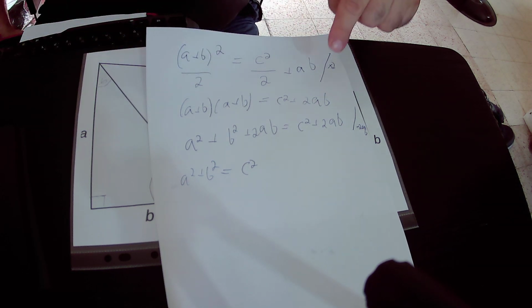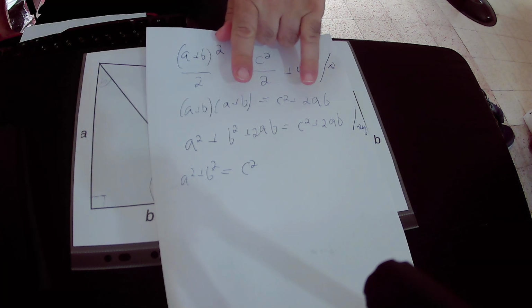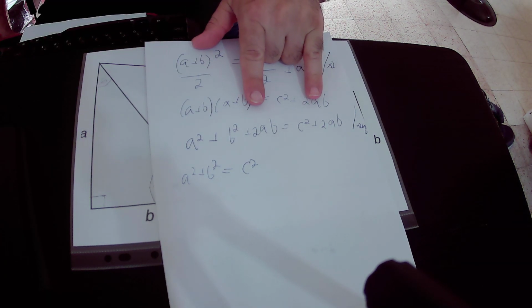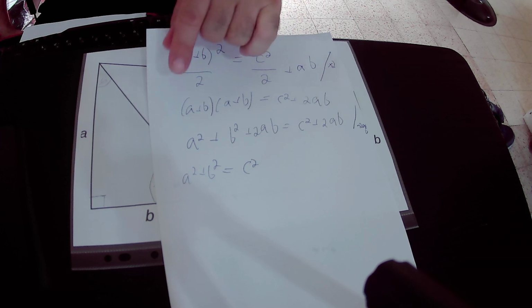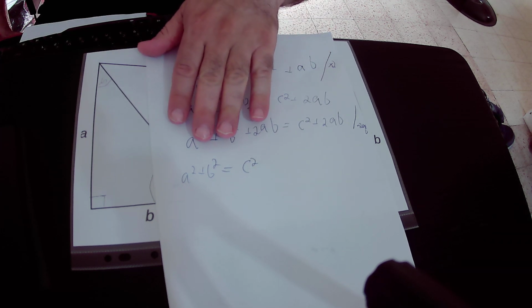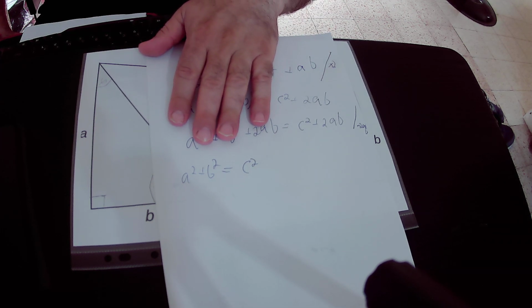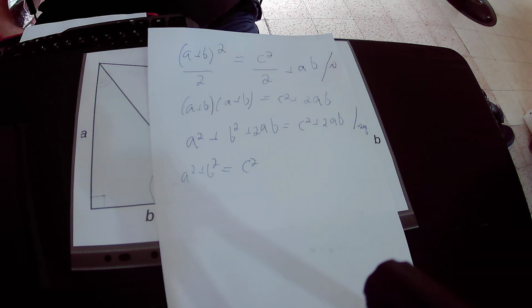Here we can deduct 2ab from both sides of the equation, and at the end we receive that a squared plus b squared equals c squared, and this is the Pythagorean theorem.